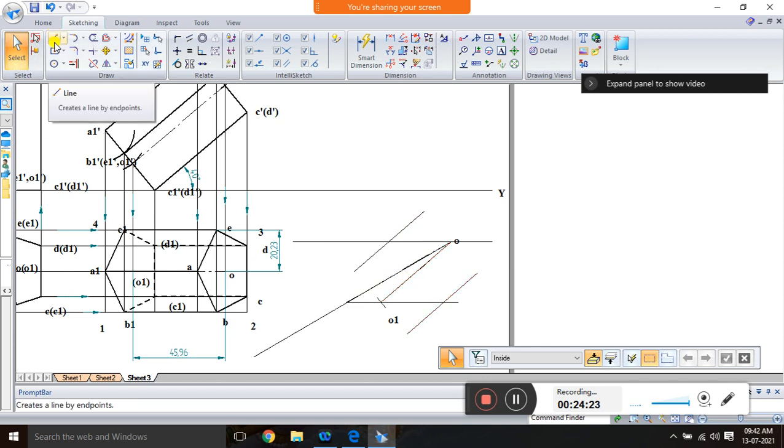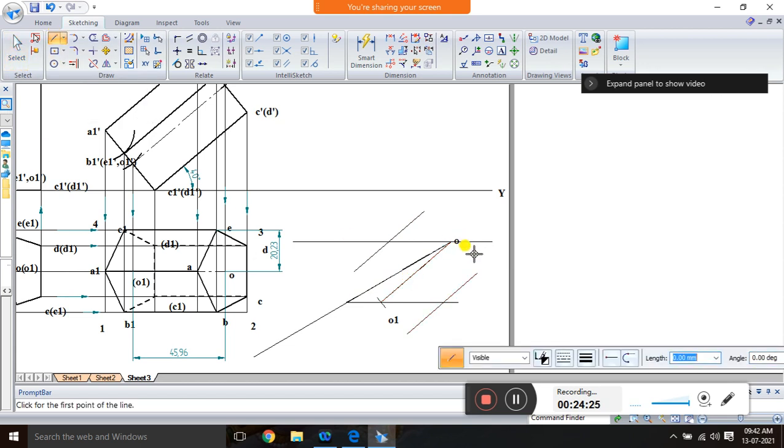Next you just extend the lines, better extend some extra lines. Like this.